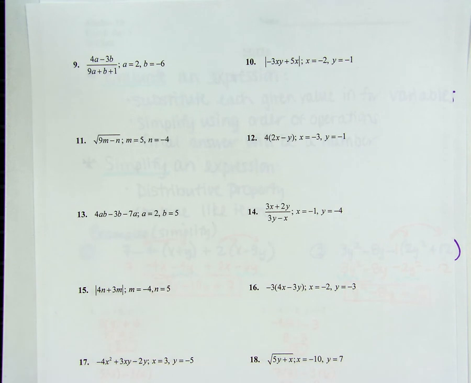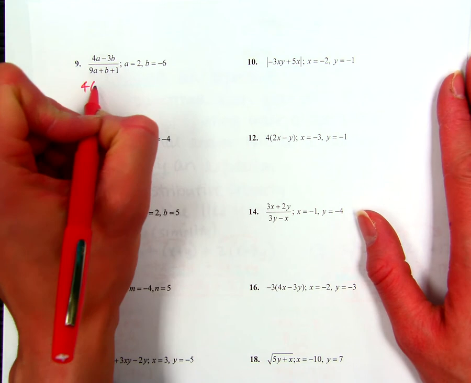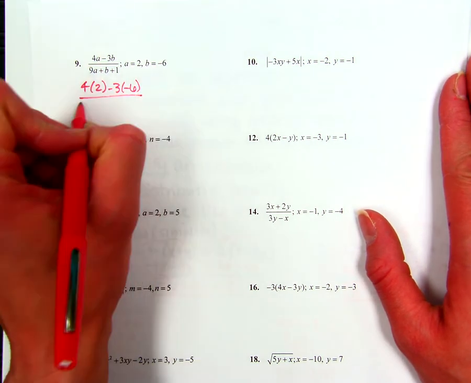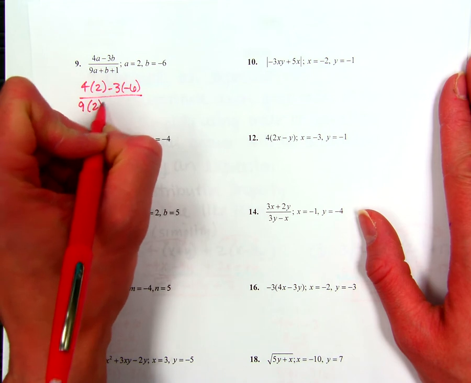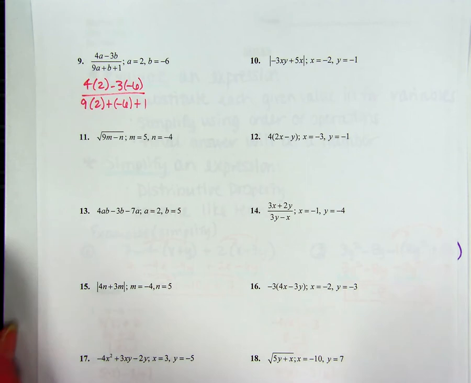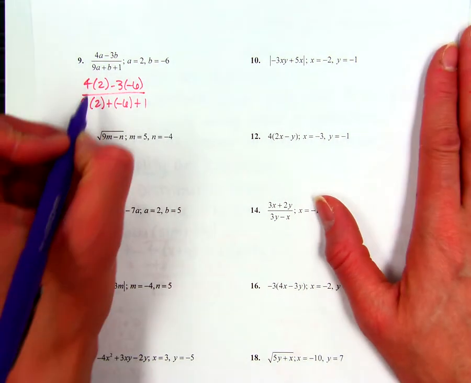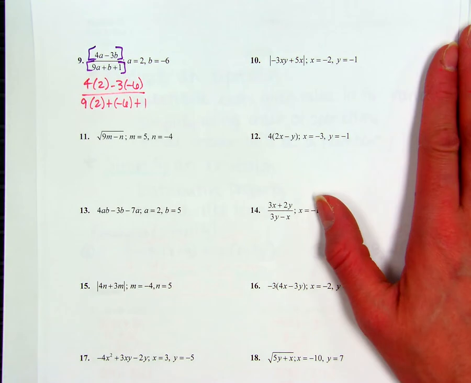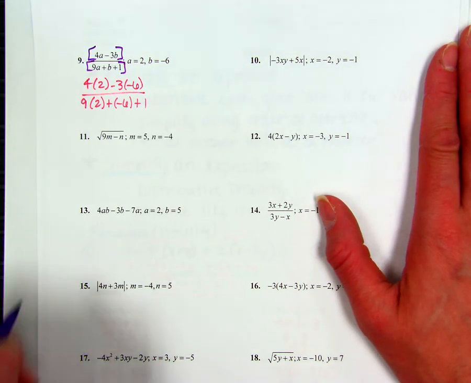All right, so number 9, we've got 4 times 2 minus 3 times negative 6, if we substitute in our values, over 9 times 2 plus negative 6 plus 1. All right, there's an implied set of grouping symbols here. So even though we don't see it, you need to do everything in the numerator first and everything in the denominator first.